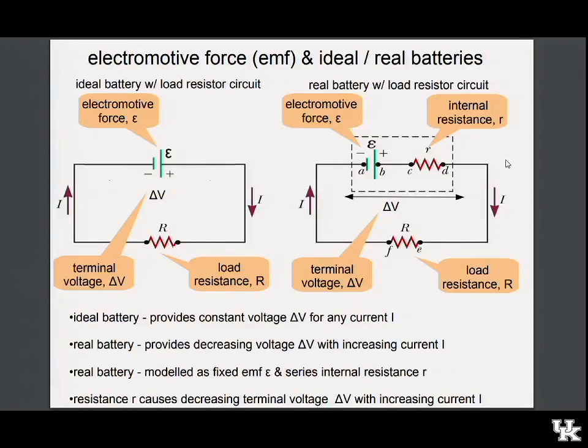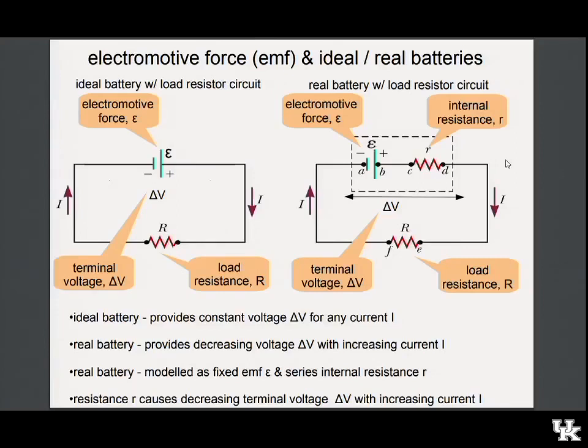The EMF is the voltage supplied by the battery. It's the electromotive force supplied by the battery. And if you look here in this circuit, no matter what resistance we put down here, and no matter what corresponding current we draw, this resistor always sees the full voltage, the full EMF of the battery.